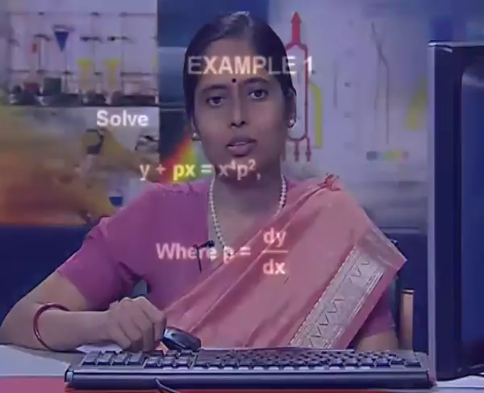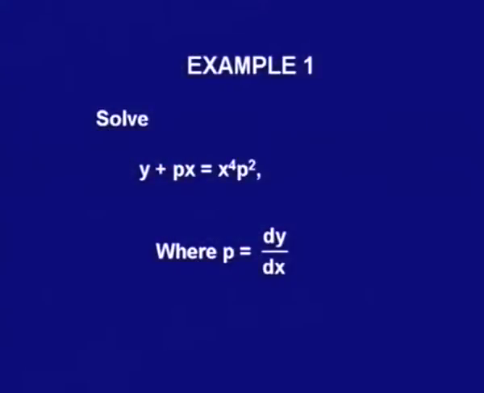Solve y plus px is equal to x to the power 4 times p square. Here p is being used to denote dy over dx. If you remember this method, we are dealing with equations involving y dash. So, we are using y dash as another parameter and we are taking p as dy over dx.